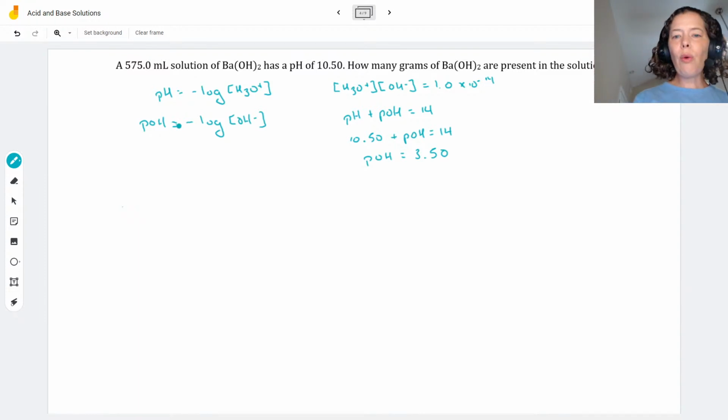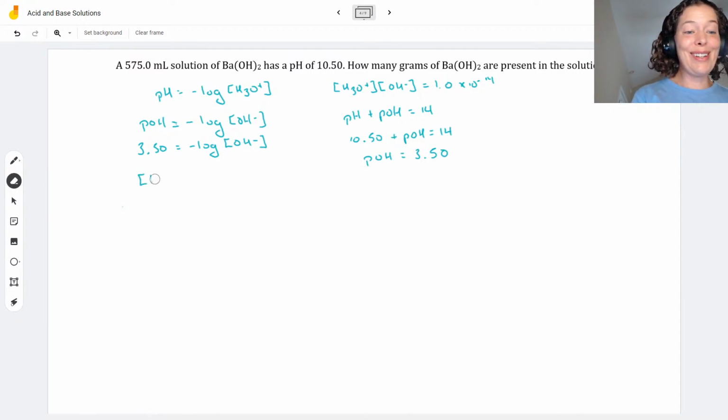All right, so plugging in now my pOH to calculate my concentration of hydroxide. And oops, I was getting ready to write hydronium.